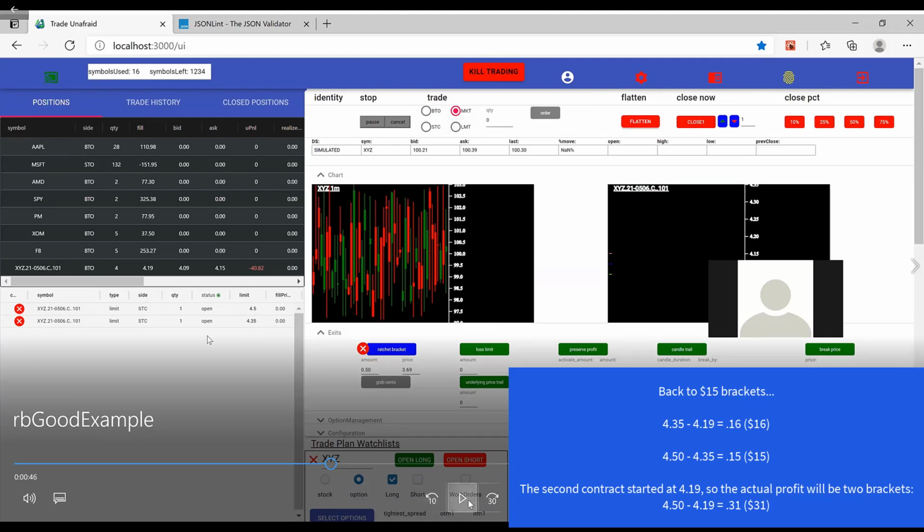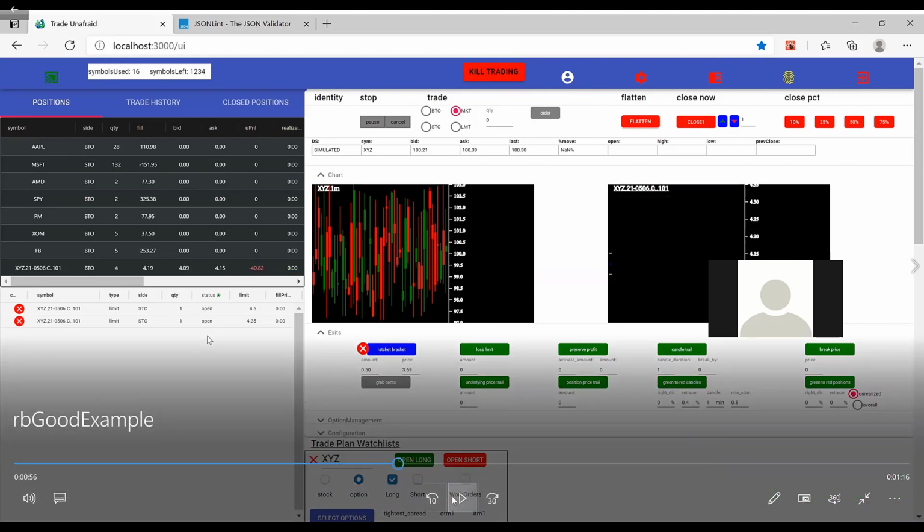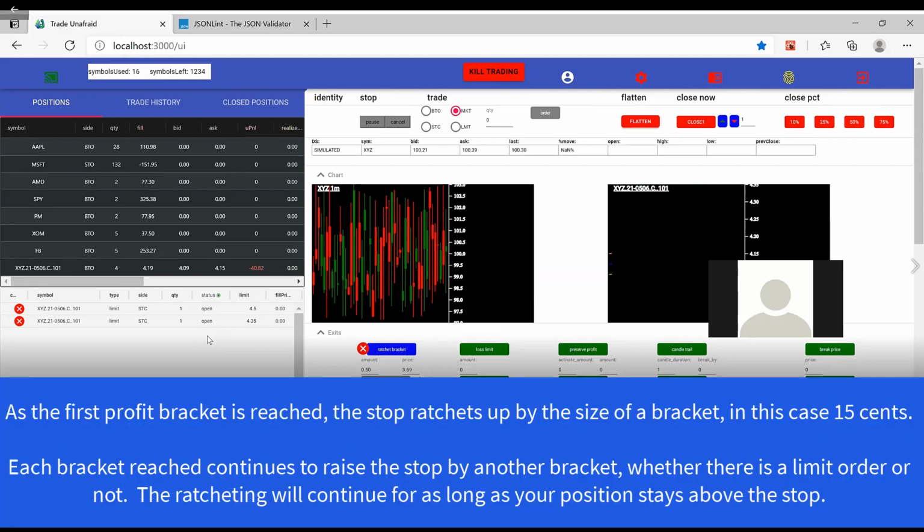Now watch as eventually, let's fast forward this a little bit. Right, let's rewind 10 seconds. We're going to take out this profit right here, and watch the stop ratchet up by 15 cents. Boom, it turned to 3.84.